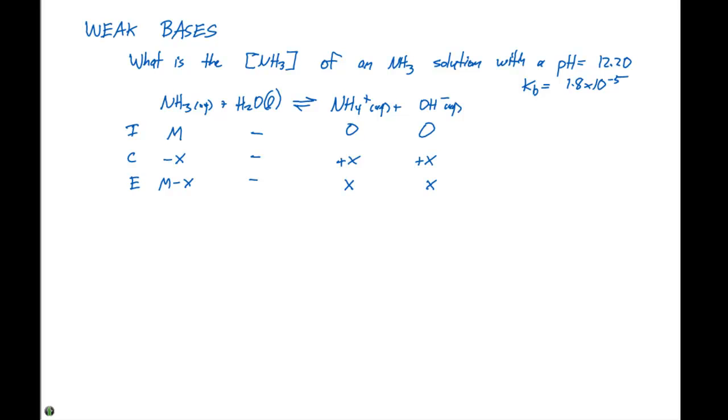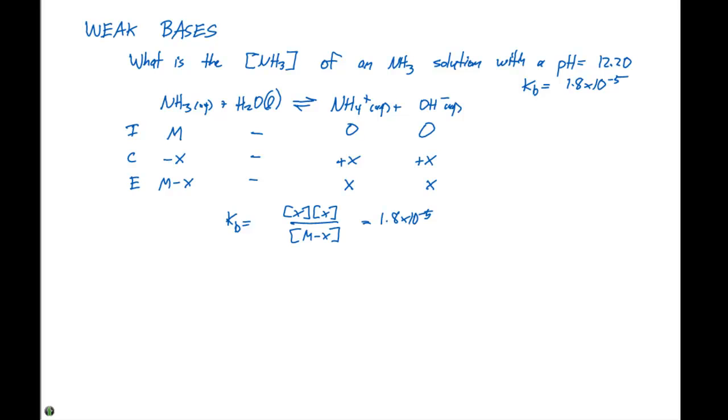So if we set up our Kb expression, this is going to be the concentration of X times the concentration of X divided by the concentration of M minus X, and that's going to equal 1.8 times 10 to the minus 5.